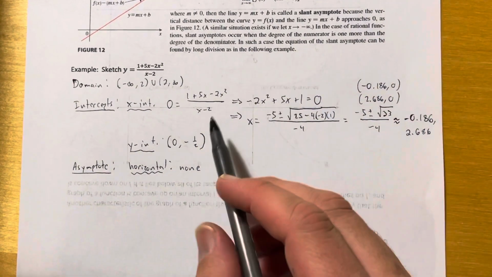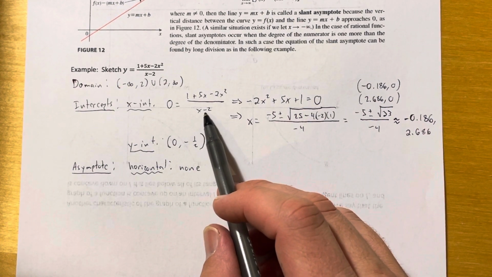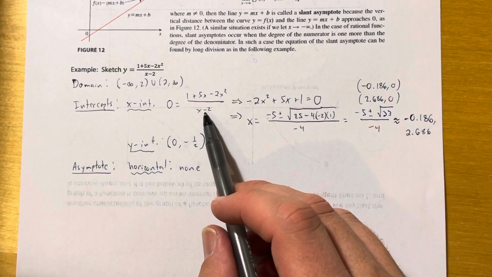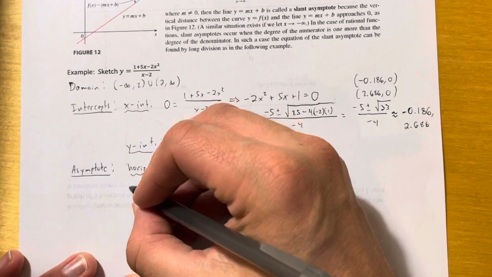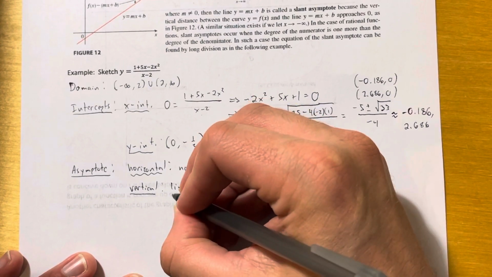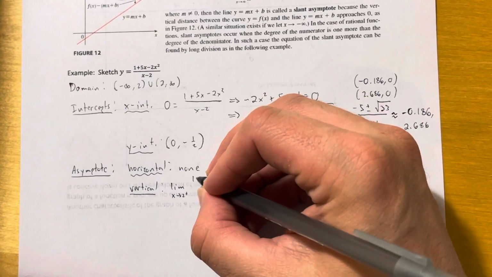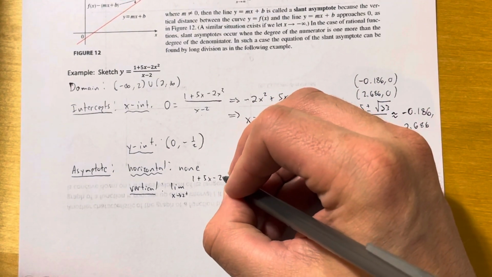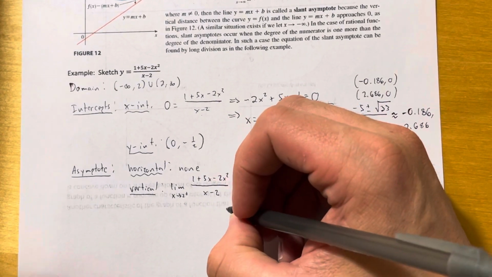If there's a vertical asymptote, it's going to occur at x equals 2, because that's where we're seeing a discontinuity, or a place where our function is not defined. So we want to look at that next. So for vertical, take the limit as x approaches 2 from the positive side of our function, 1 plus 5x minus 2x squared over x minus 2.